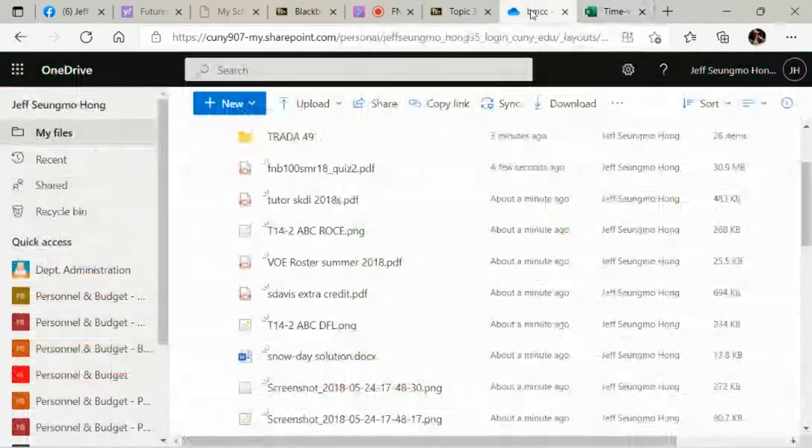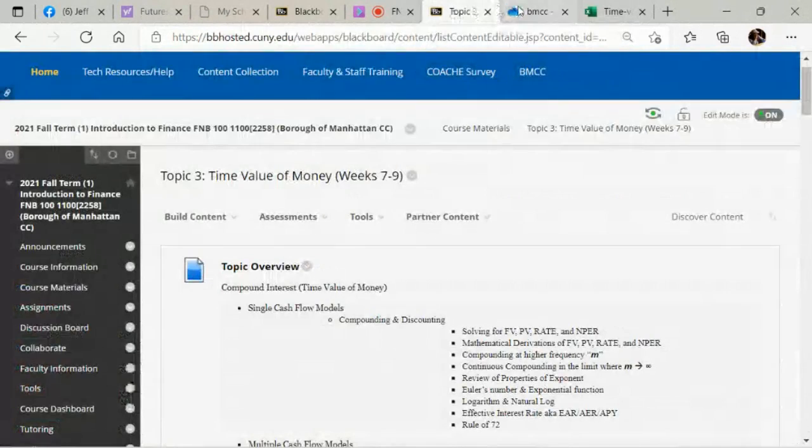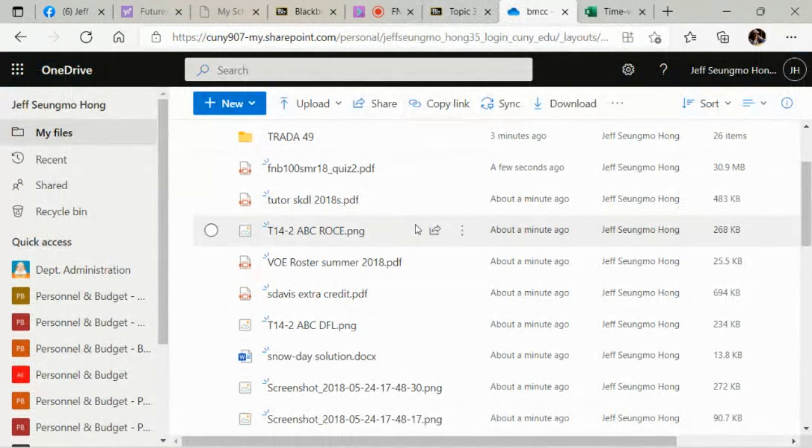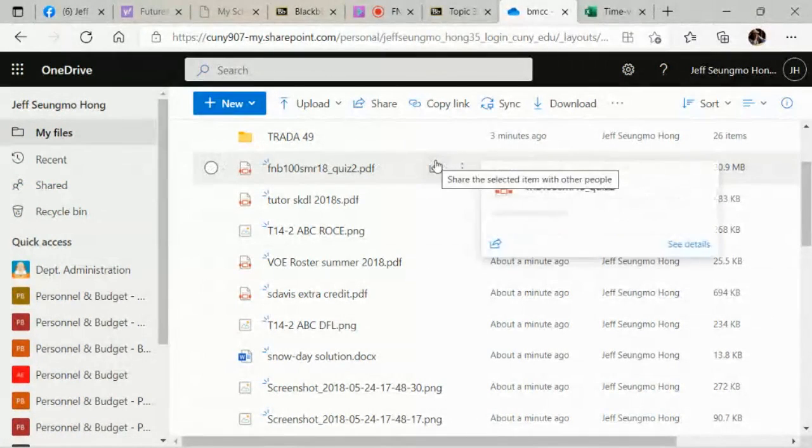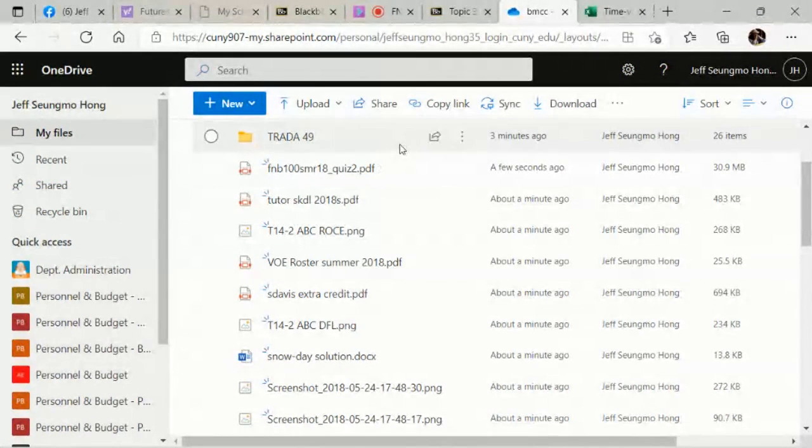Even any file that I want to use, I have to upload to my OneDrive, and I have a couple of OneDrive accounts, most of which I don't remember the password of.